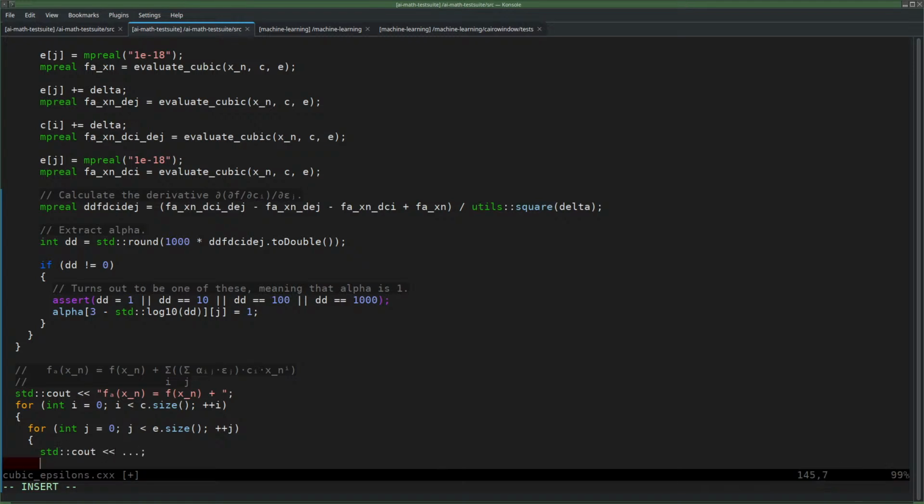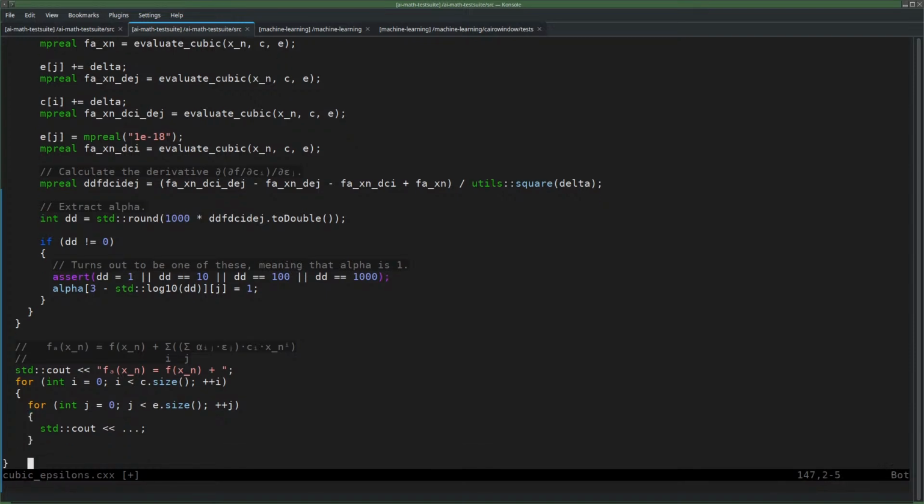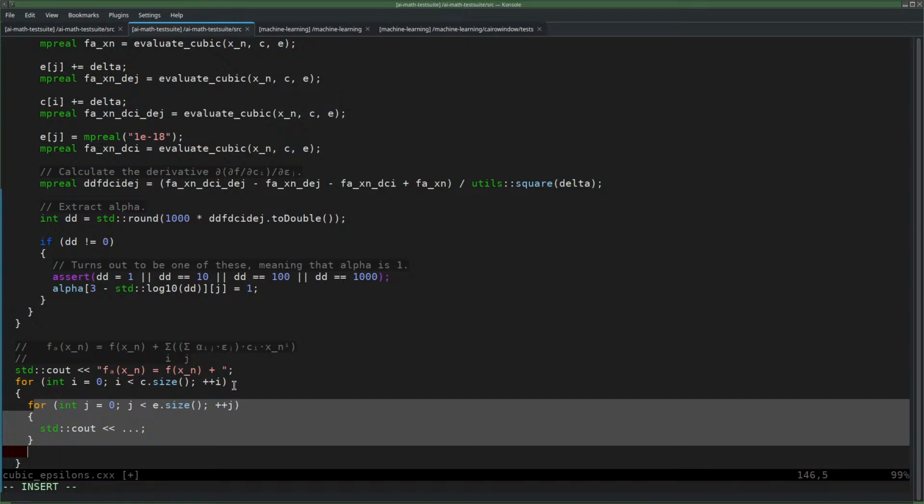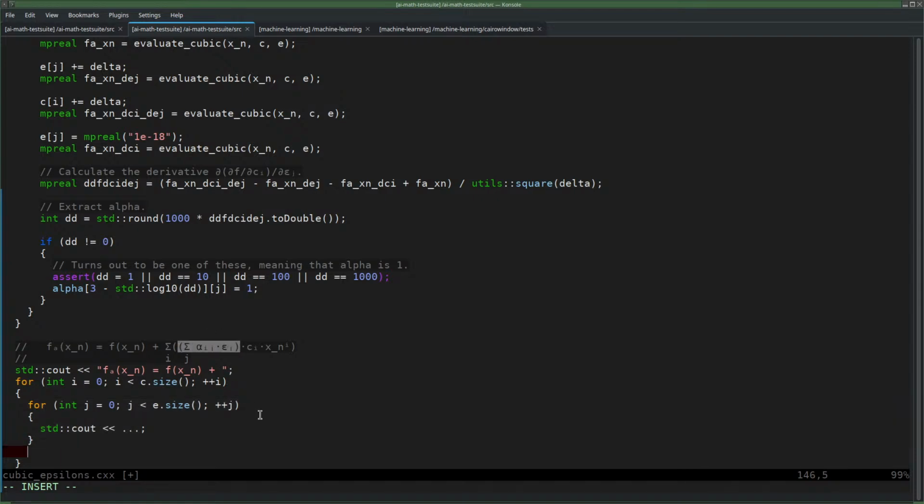Okay, let's see. So this loop here prints this, but only the stuff that repeats.